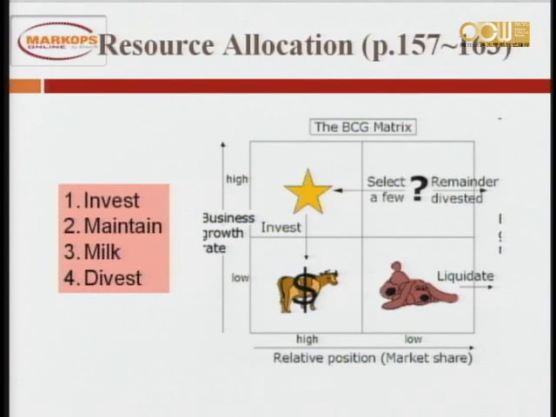So very quickly, divest, in general the first one will be the dog. Milk is this one. Maintain is this one. Invest is this one, in general. But there's a priority there. What I mean is you still have to invest. So first priority for invest will be star, and then of course this one. We have to make sure that's a market leader.